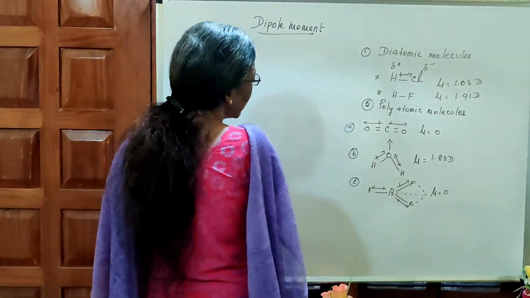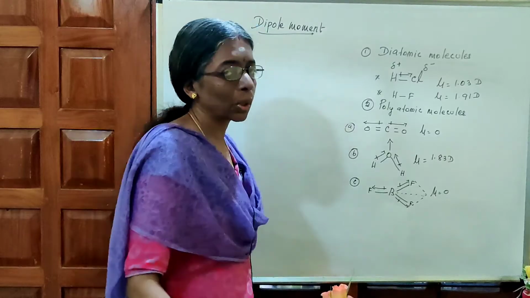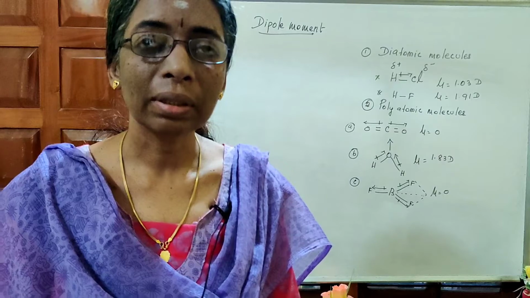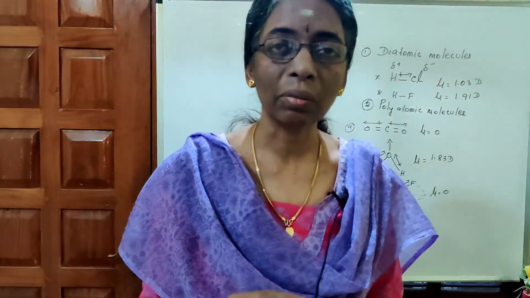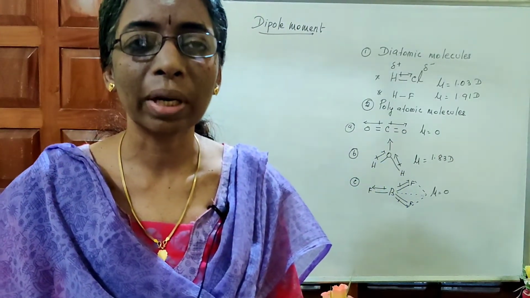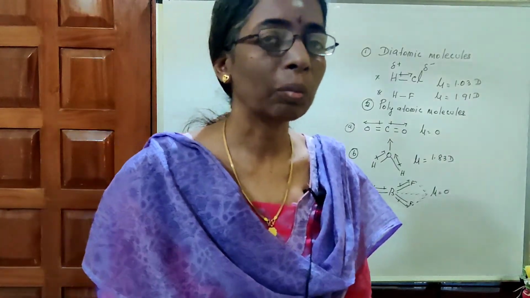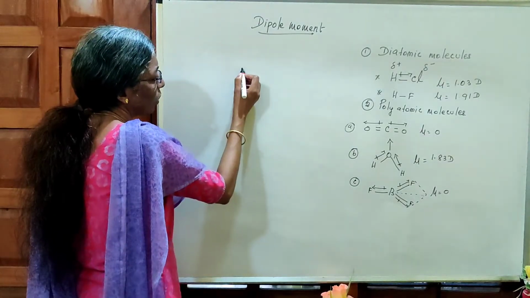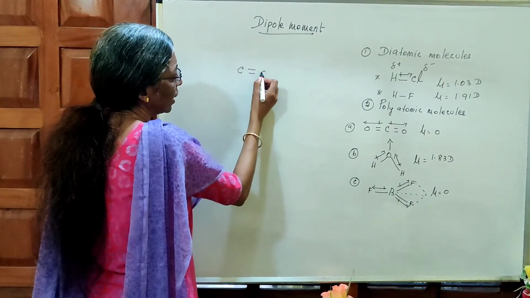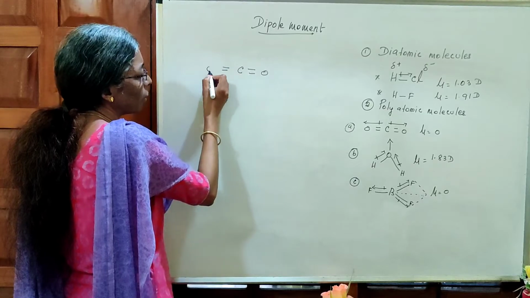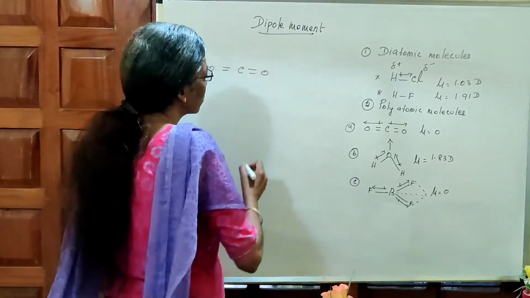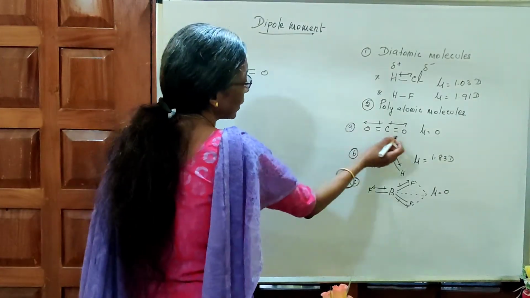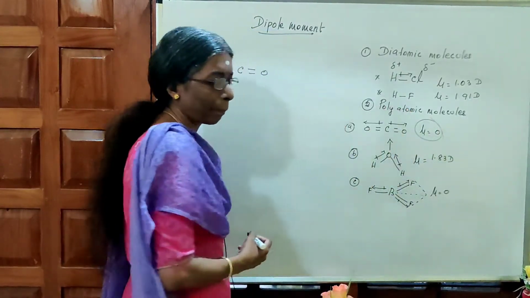Now we will see polyatomic molecules. What is a polyatomic molecule? More than two atoms. You may get a question like this: some molecules have 3 atoms, but one molecule may have 0 dipole moment while another may have a dipole moment. In polyatomic molecules, we take carbon dioxide, C double bond O, C double bond O, where mu is equal to 0.